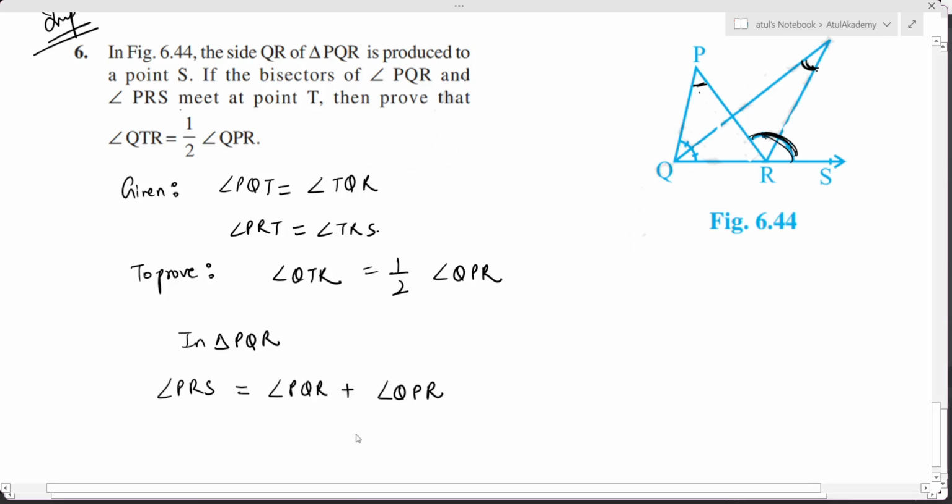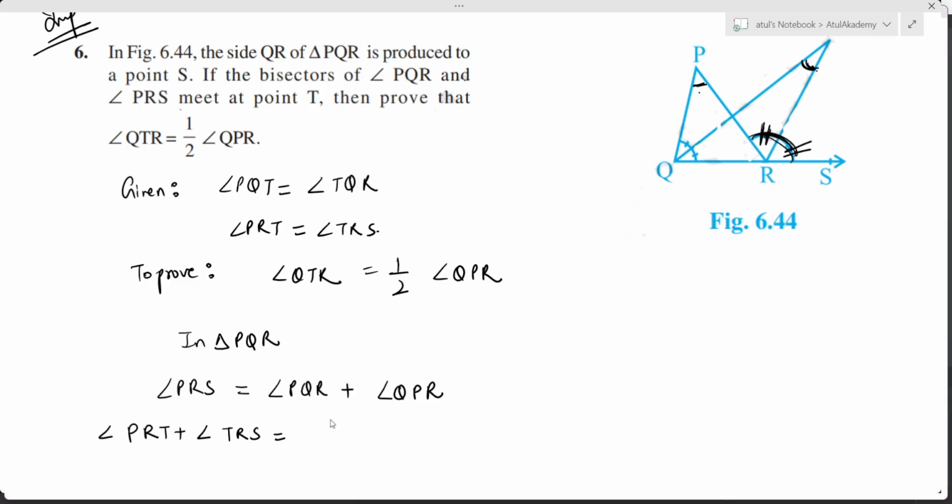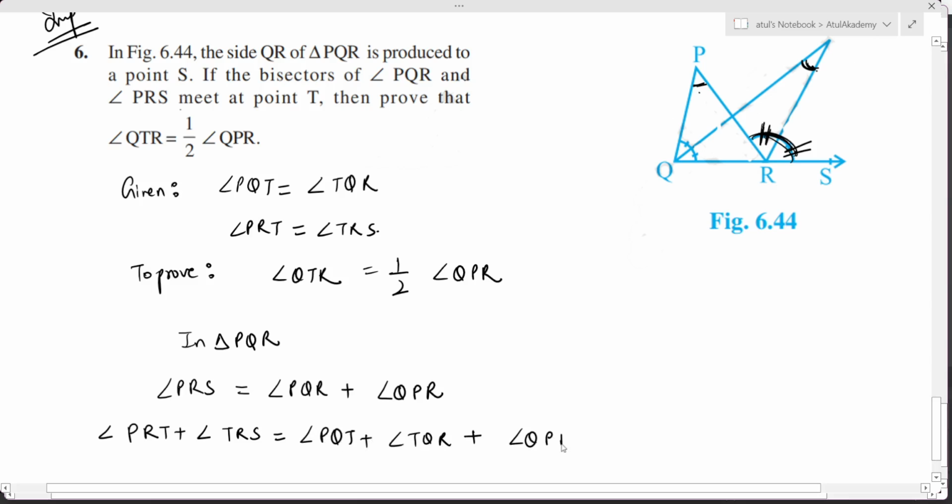Can I write it like that or no? Fine. Now this angle PRS is equal to angle PRT plus angle TRS. Yes, because this has been divided into two equal parts. So I'm just writing it. Fine. Now what is this PQR? This PQR is also PQT plus TQR. Let me write it as QPR only.